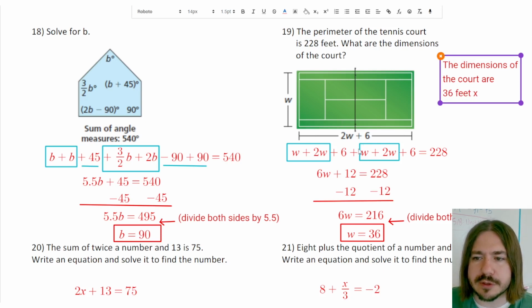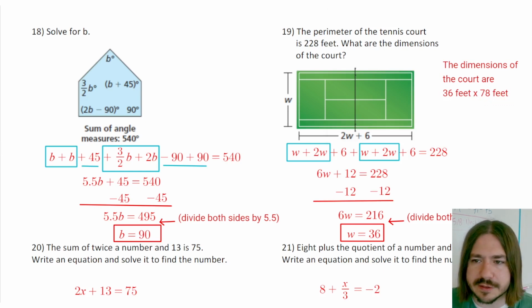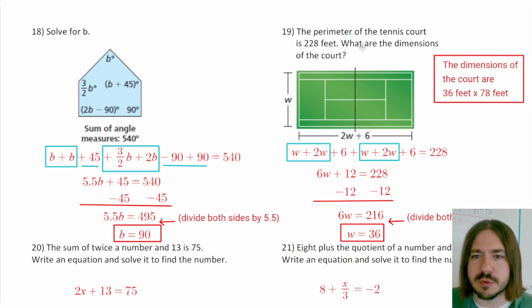So it's 2 times 36, which would be 72, plus 6 would be 78. So 78 feet. So that's a more complete answer here, rather than just giving the value of W. Because we do want to make sure with these word problems that we're answering the question that's being asked.